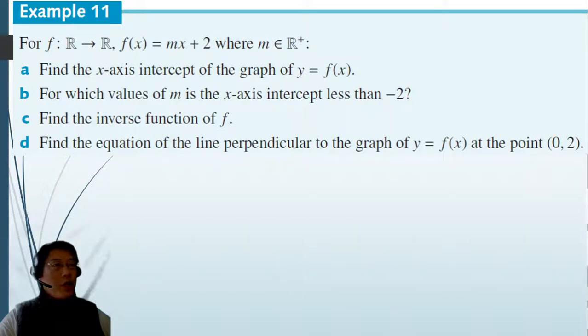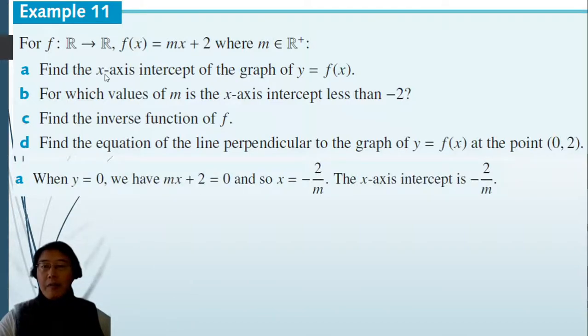Let's go on with a few examples. Here you have a family of straight lines of that form mx plus 2. Notice that m is an element of R plus, so it's from 0 excluded to positive infinity, and you have a series of questions.